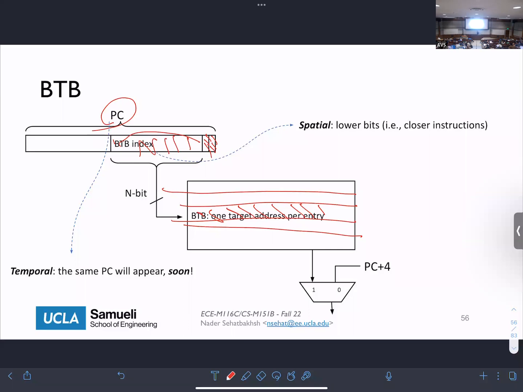This is spatial locality in some sense, because if I store these things, I'm probably going to store something nearby for the next branch, and the next branch, and the next branch. Based on these two, that's the way we're going to store these things in our BTB. And as I said, we're going to have a mux here that either gets PC + 4 or gets this value, this address that we're storing.